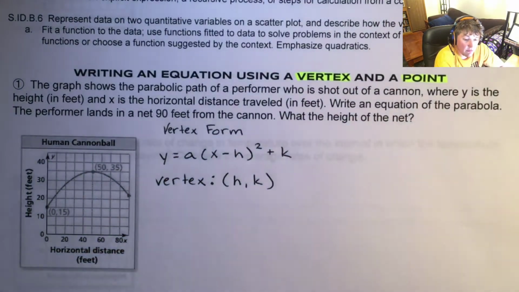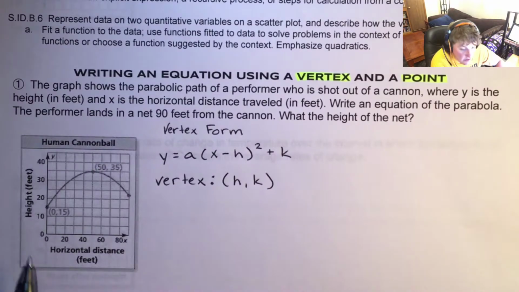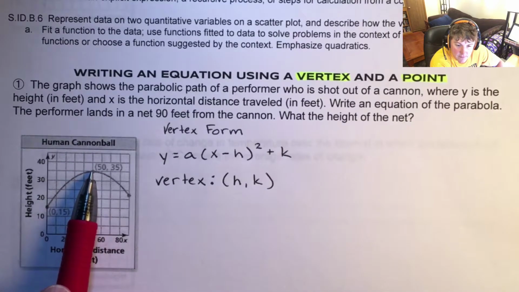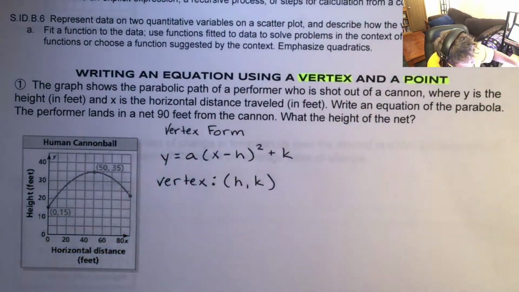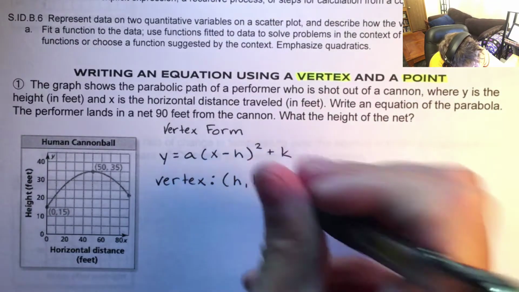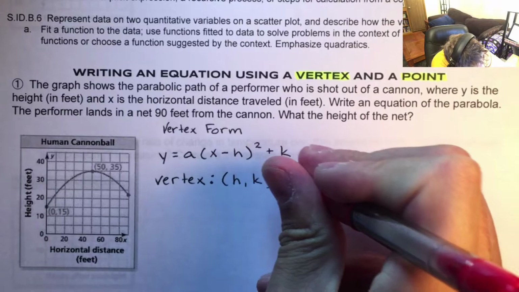So you need to remember that the vertex is (h, k). When we look at our specific problem, where's our vertex? Our vertex appears to be the ordered pair (50, 35). So I know that my vertex is (50, 35).